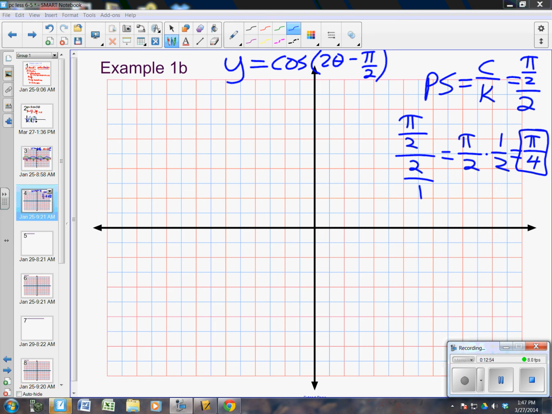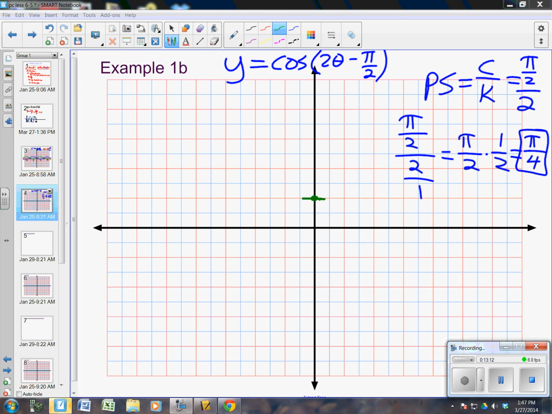Okay, so this one right here is a cosine function, and the amplitude's 1, so we're going to start right up here at 1, and let's go again the same scale that we had.